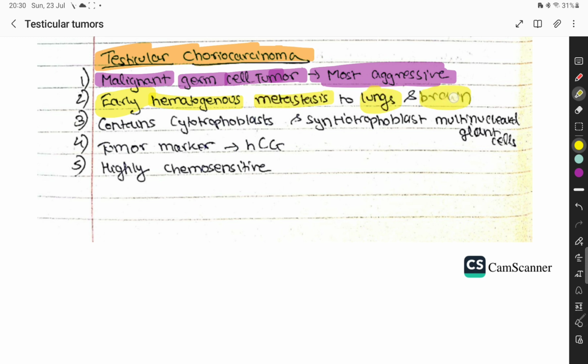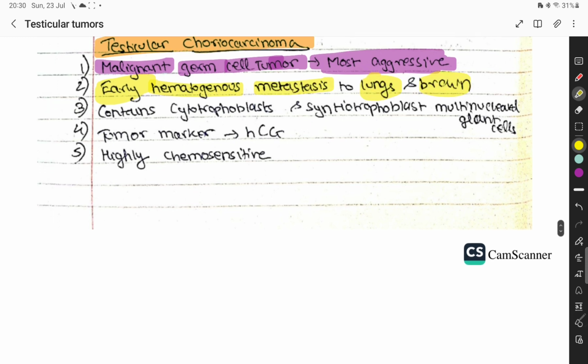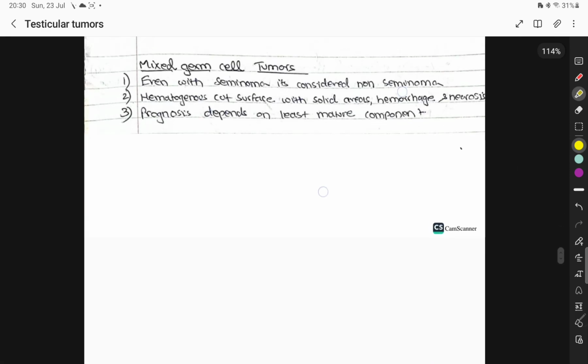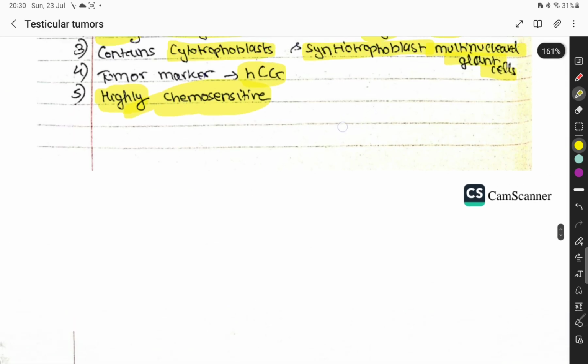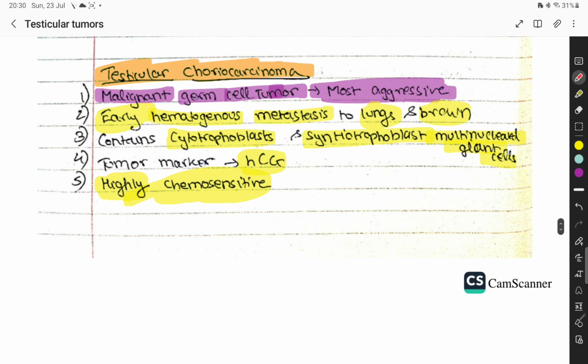Lungs and the brain. It contains what? Cytotrophoblast and syncytiotrophoblast, which form multinucleated giant cells. Tumor marker is human chorionic gonadotropin. It is highly sensitive to chemotherapy, which should mean that you have a better prognosis.